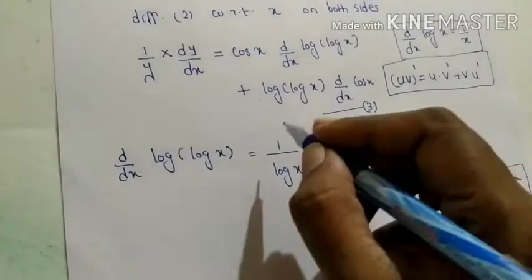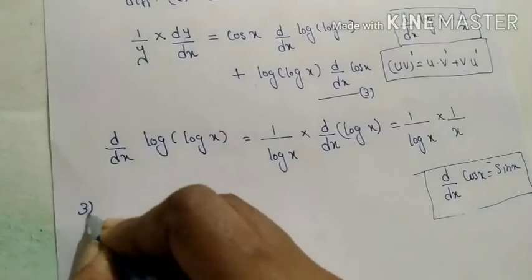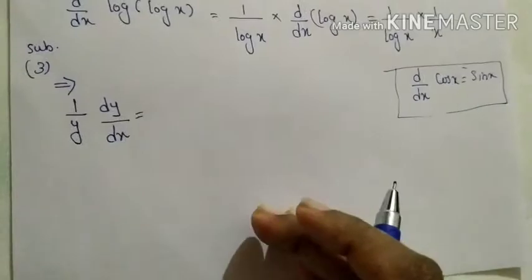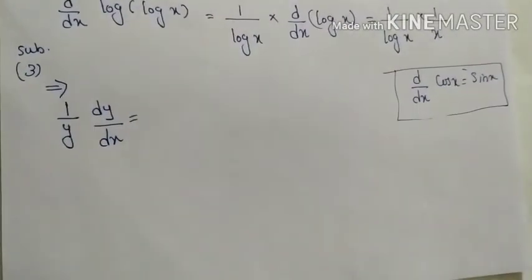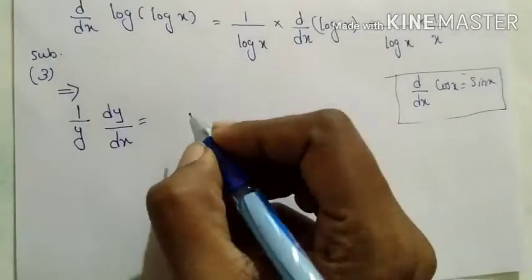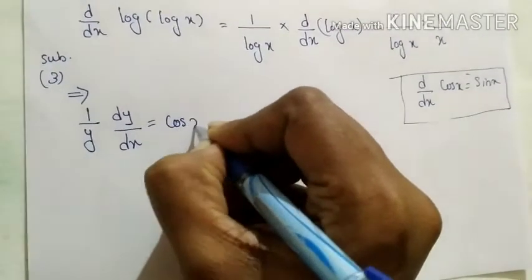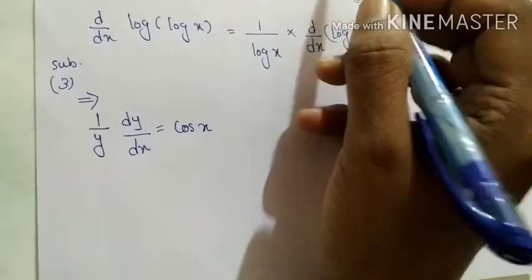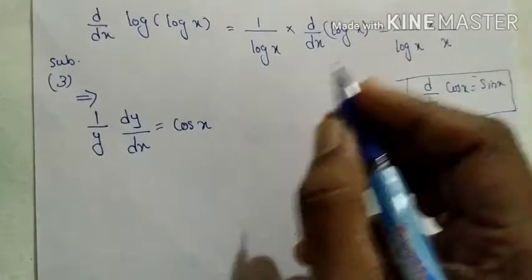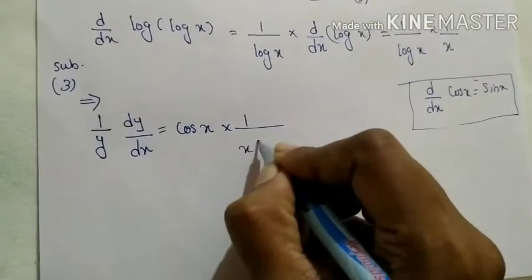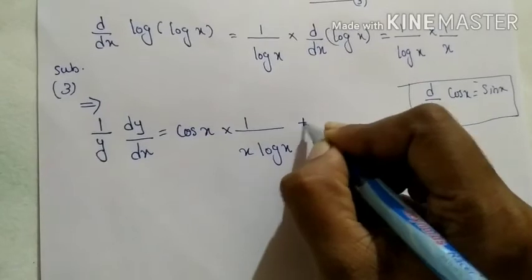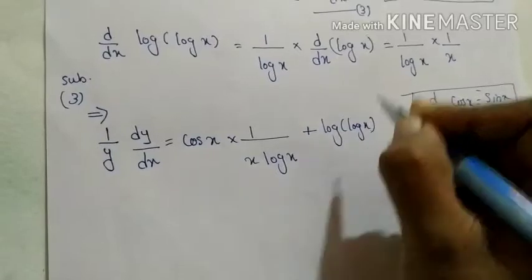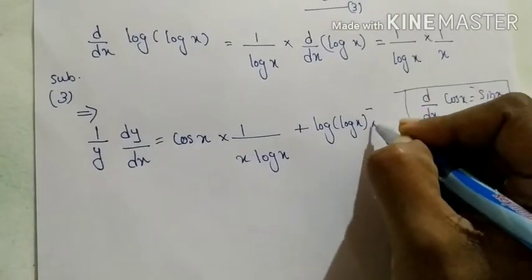So substituting these two values into equation number 3, equation number 3 becomes 1 by y, dy by dx will remain the same, equal to cos x into, I'm going to substitute this derivative of log of log x by 1 by x log x, 1 by x log x, plus log of log x into derivative of cos x, which is minus sin x.